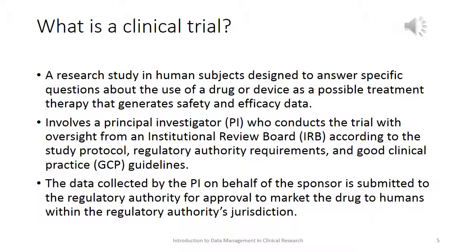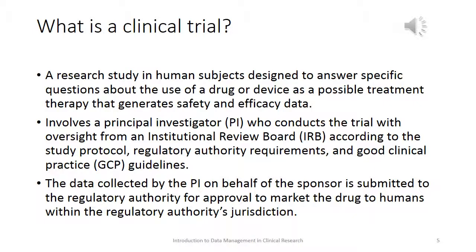So in the case of the United States, the Food and Drug Administration, or in some cases, the National Institutes of Health, depending on what jurisdiction it falls under, is going to have certain regulatory requirements that we are required to abide by, and we're required to conduct the trial by. And then finally, we've got good clinical practice guidelines, which there are a number of those.